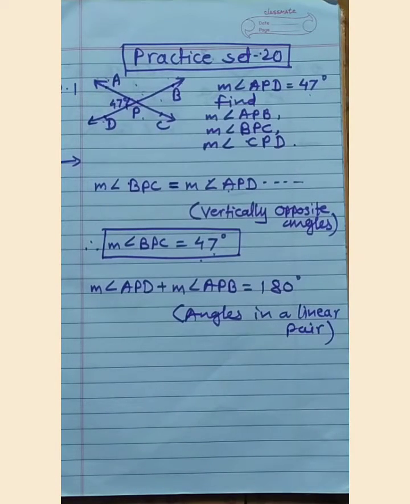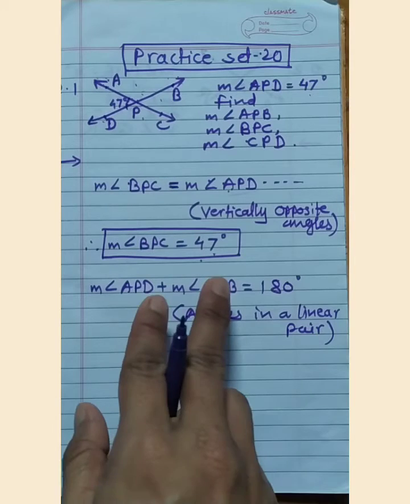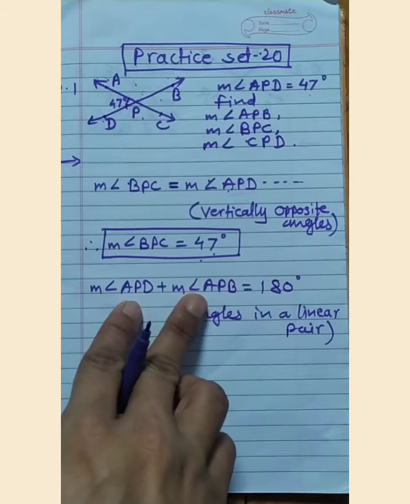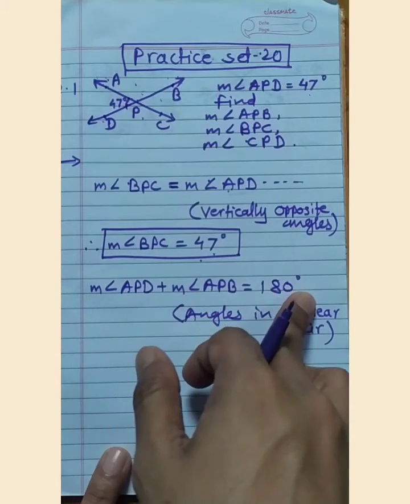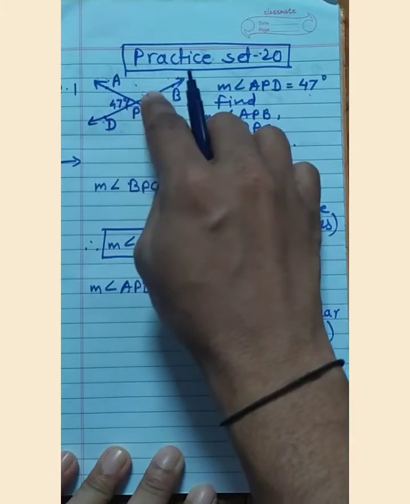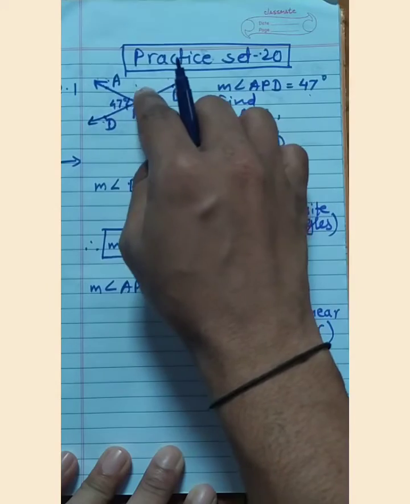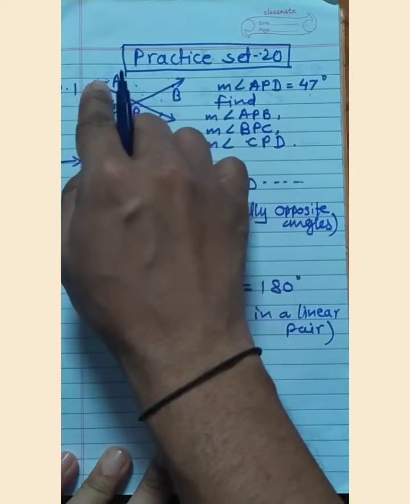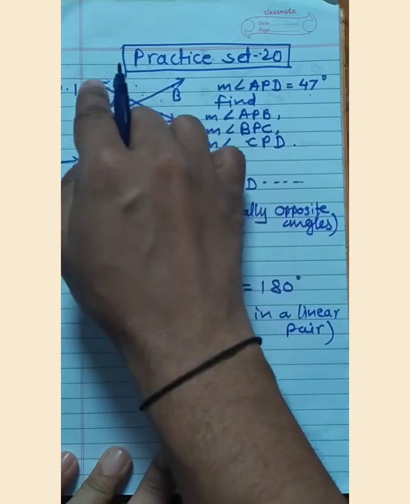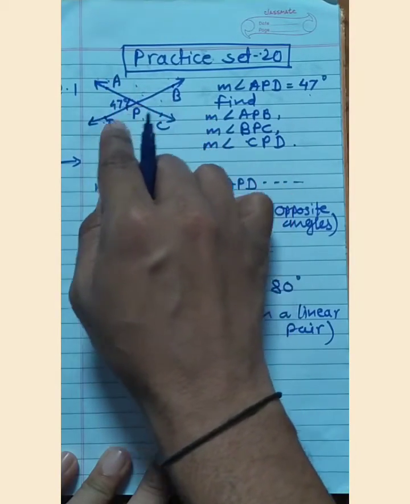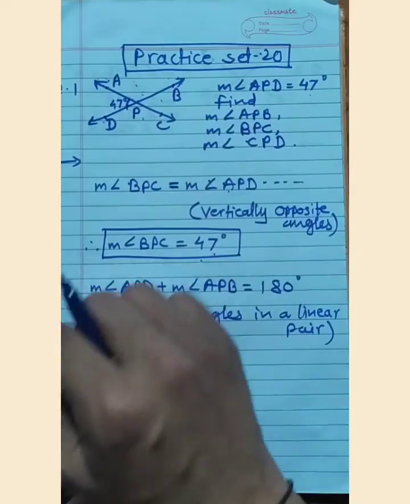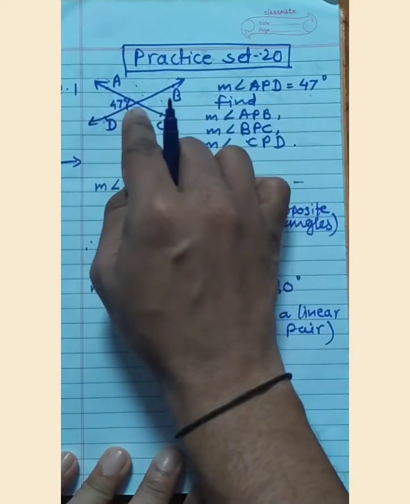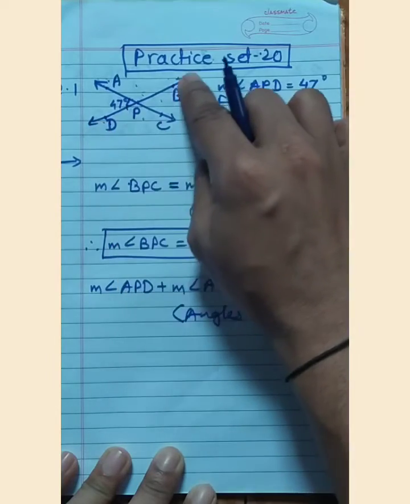You all know that the sum of the measures of angles in a linear pair is 180 degrees. So why are they a linear pair? They have one common arm, and the other arms are opposite rays and make a single straight line.